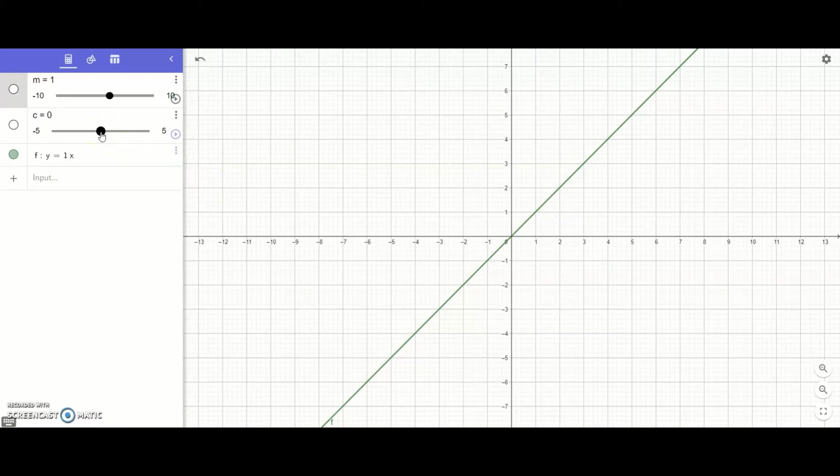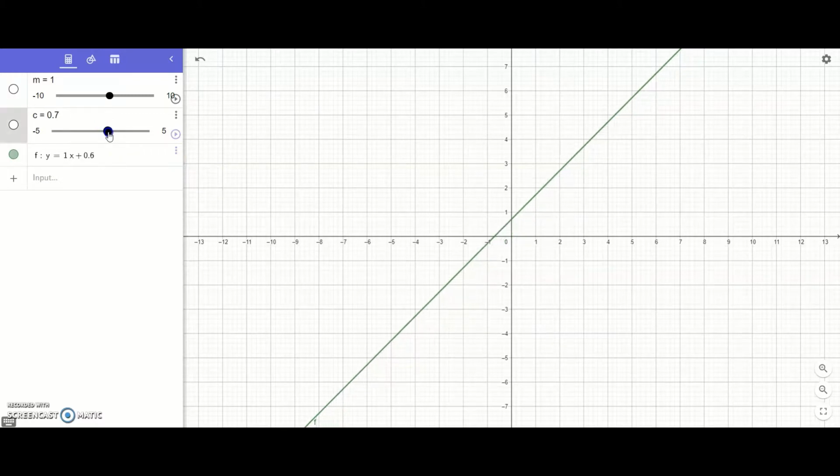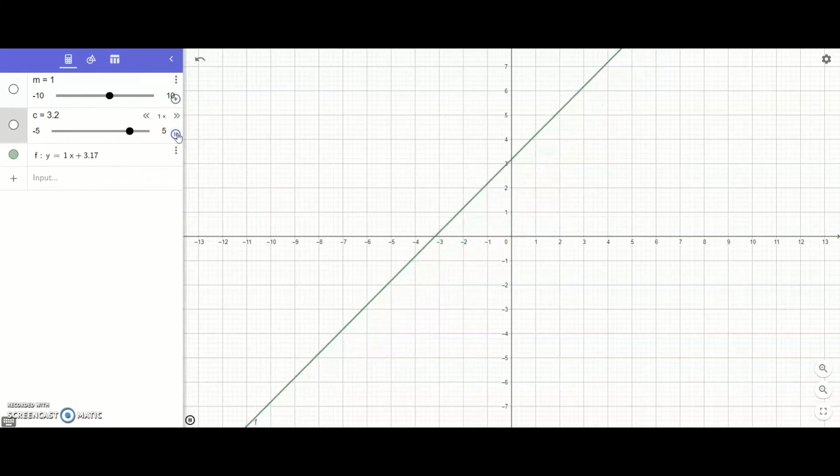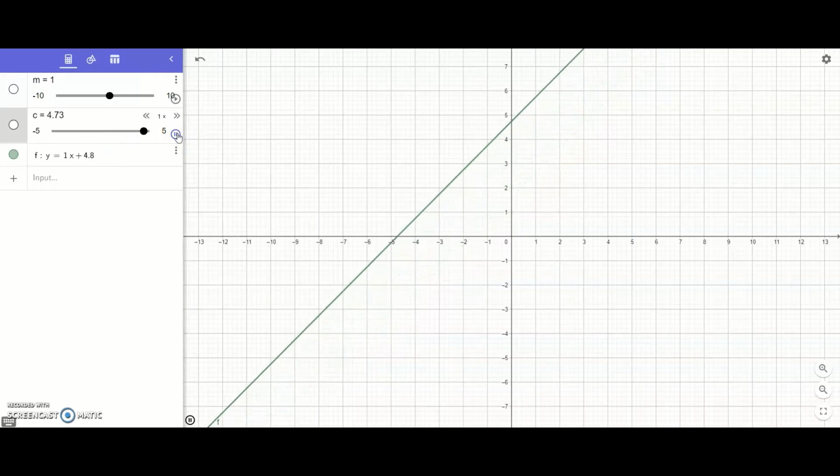I could add a number to this. I could say, well, what is y equals 1x plus 1? Well, that's a graph still with a slope of 1, but passes through the point 0, 1. And we can increase this and just move the graph up and down by adding a number on the end.